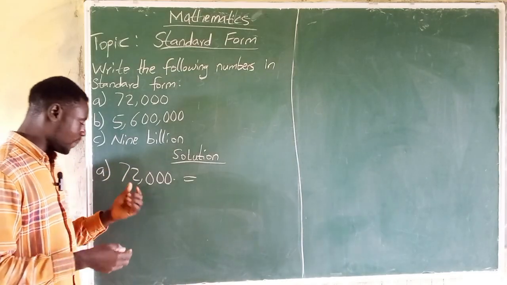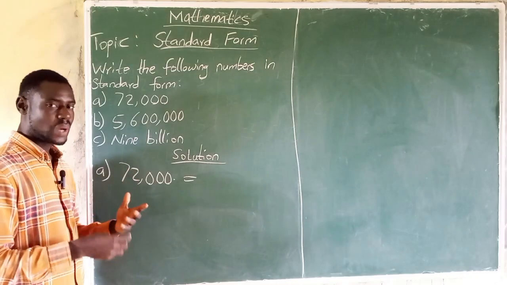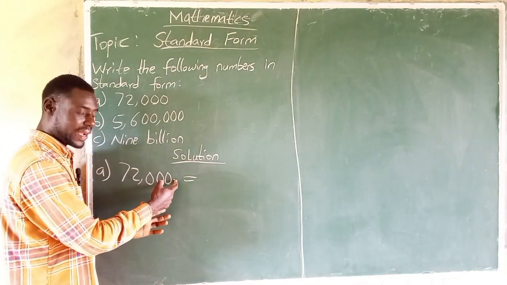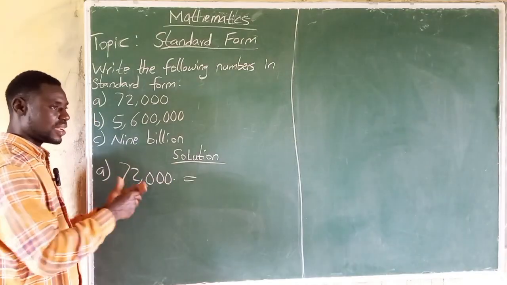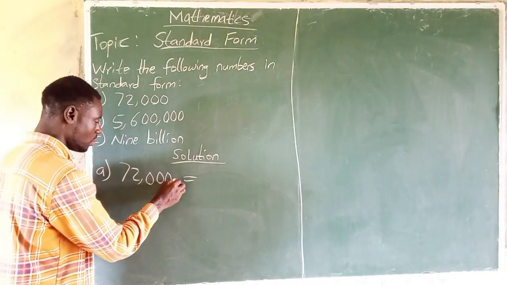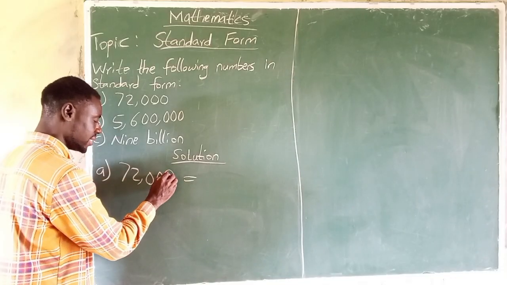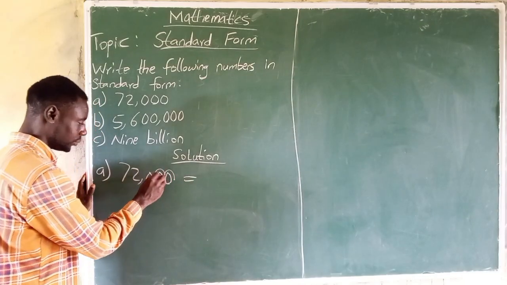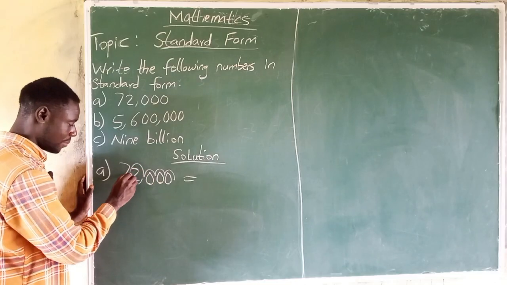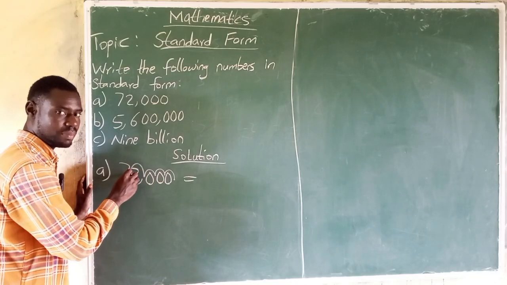For example, these 72 are significant figures. So you want to take this point back to after the first significant figure. You move this one, 1, 2, 3, 4. That means your point will now automatically be here.